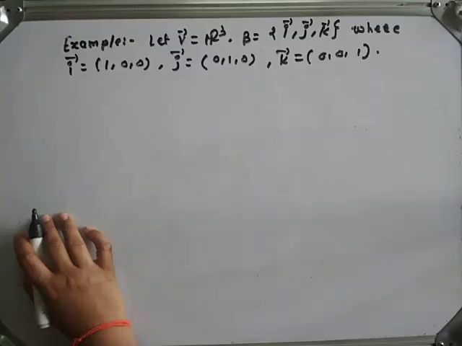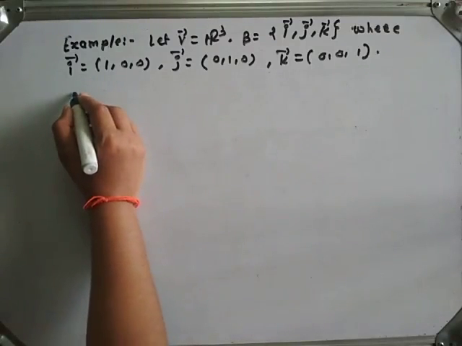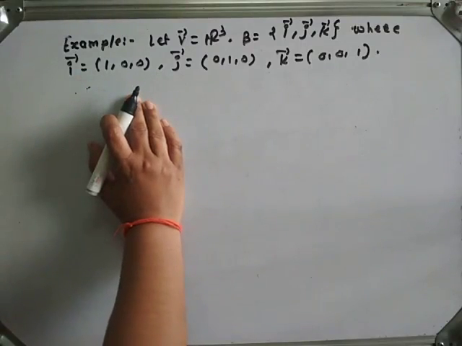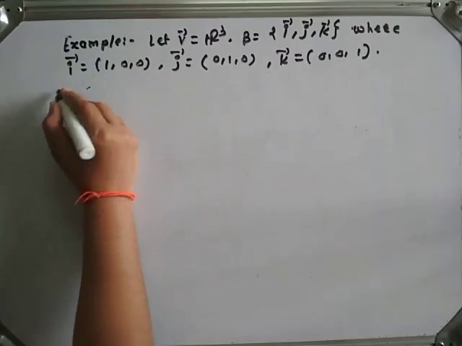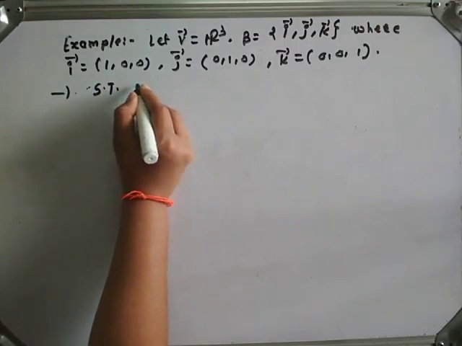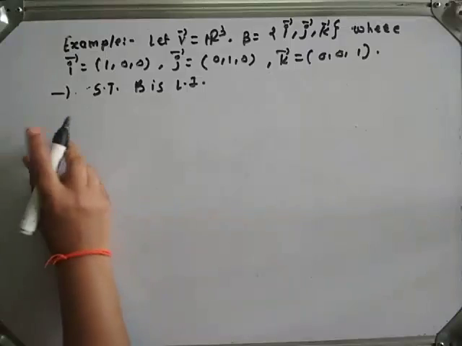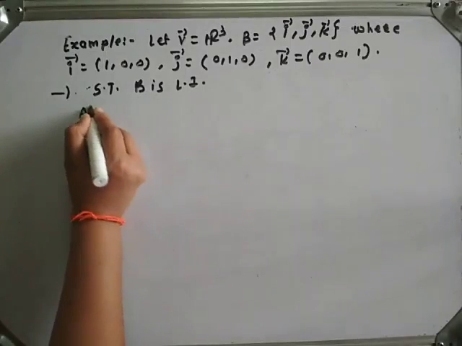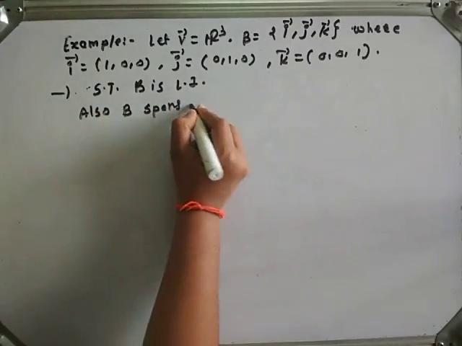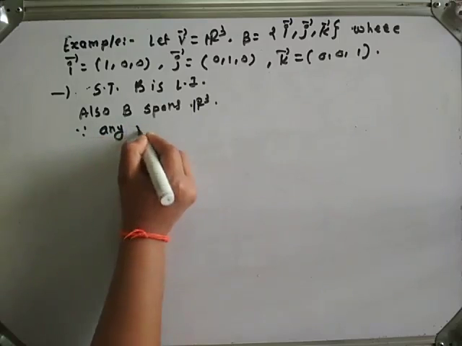Okay. Then it is easy to show that B is a linearly independent set in R3 and B spans R3. Take this as a homework. Show that this B is linearly independent. Also, B spans R3. Okay. Why?